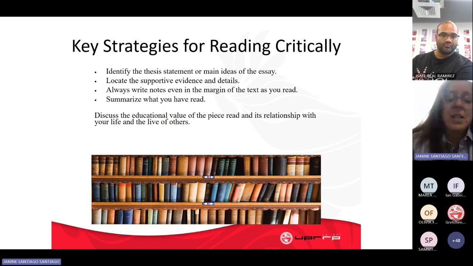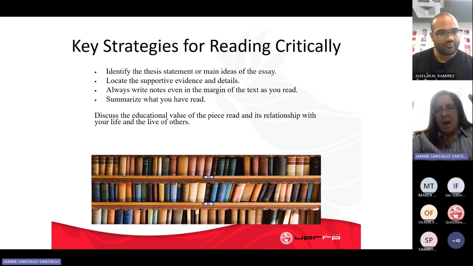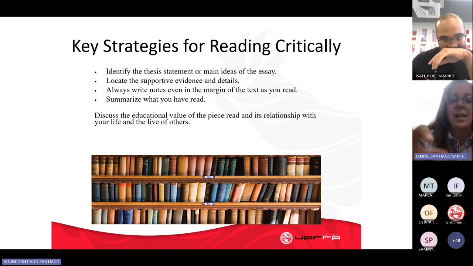Then part of the key strategies, and we're moving into that in class, is to identify the thesis statement or main ideas of the essay. Sometimes it's a little bit difficult to do that, but we're going to keep practicing that. We're also going to locate the supportive evidence. So which are the arguments, the main idea, and what is the supportive evidence, and then what is the conclusion?